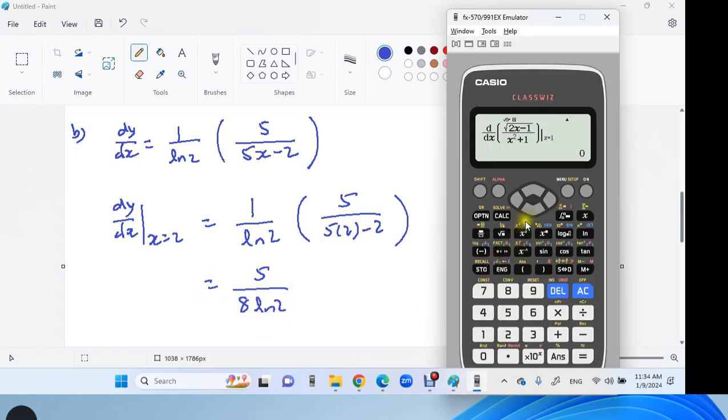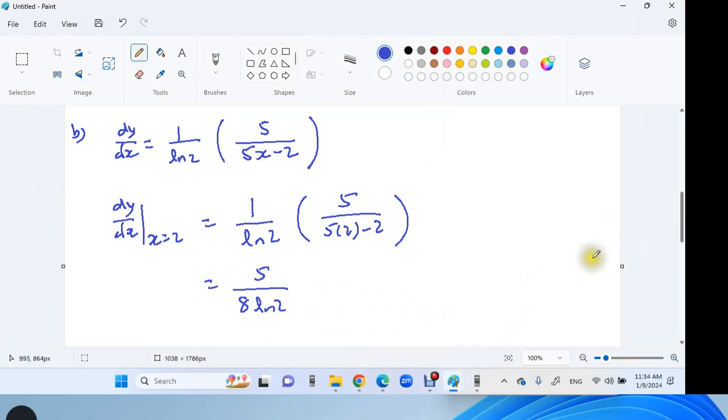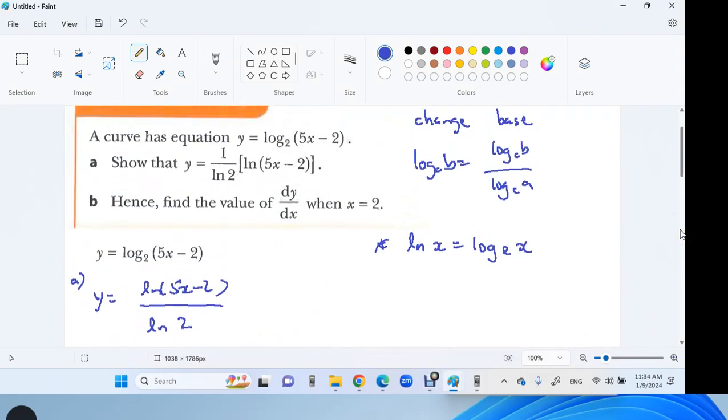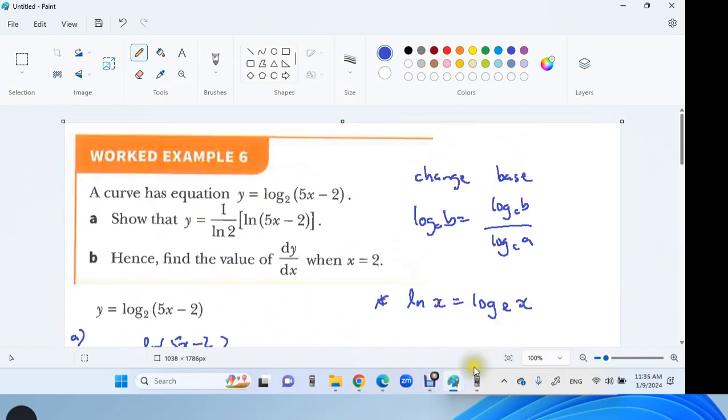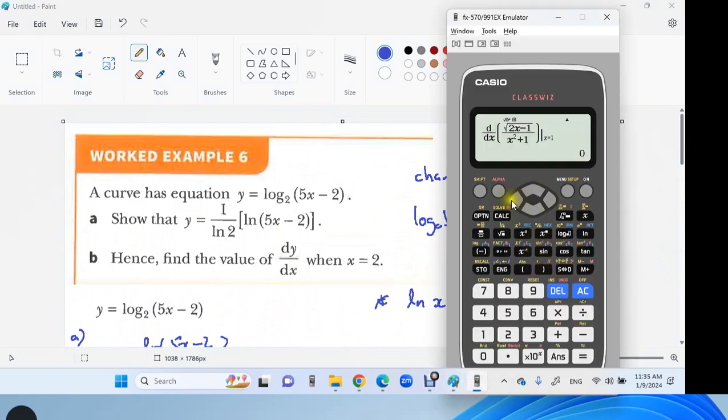Okay, so I try to check the answer for this one. Okay, we have the differentiation for log base 2 of (5x minus 2) when x equals 2 will be this.